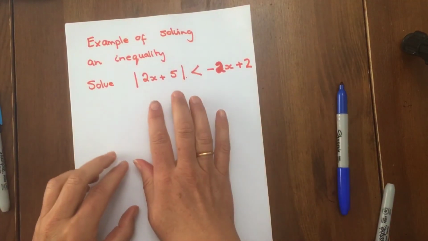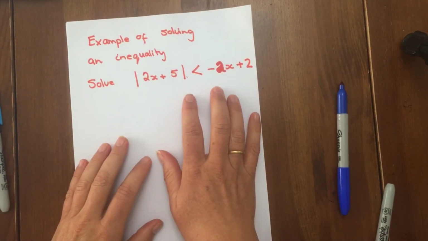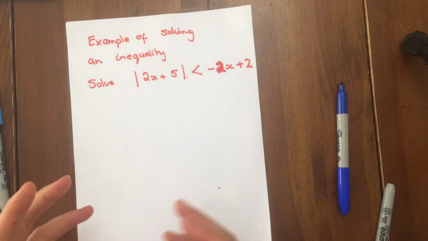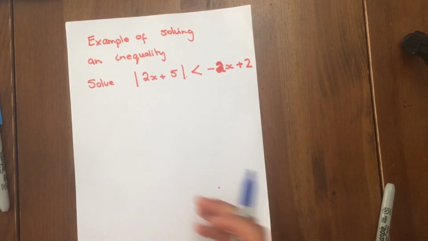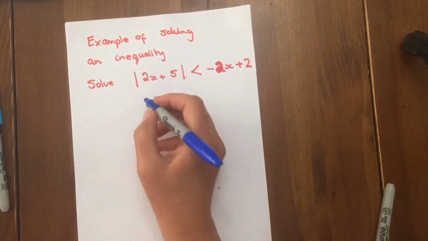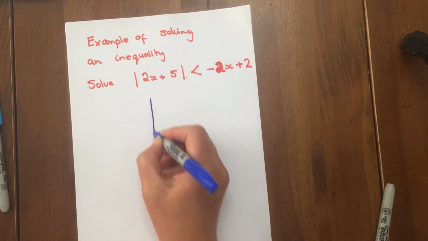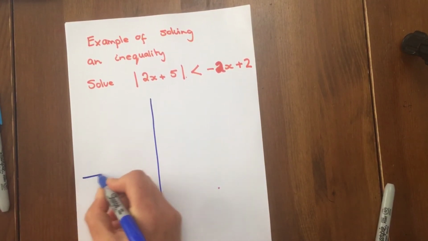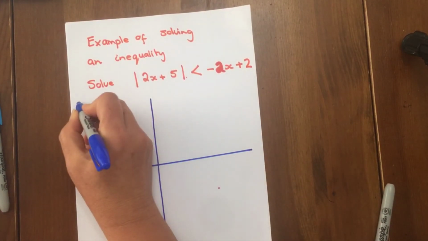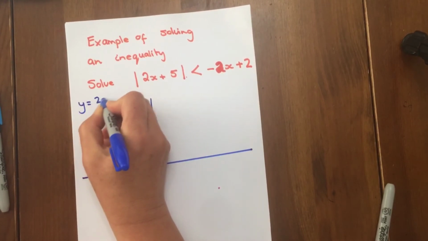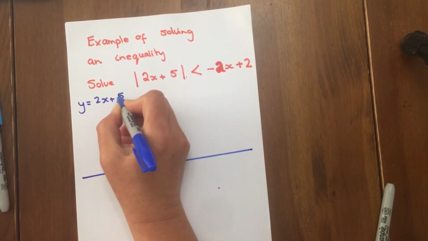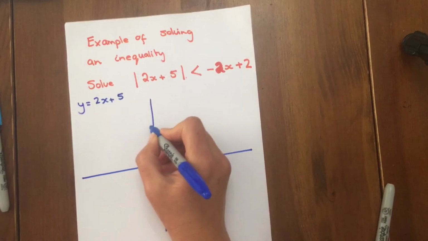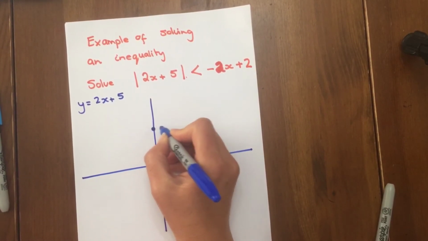Okay, now we're going to look at solving an inequality. So again, we're going to sketch it, and then we're going to look at the sketching. So let's just do a nice big graph. Obviously you have to sketch your graphs. So y equals 2x plus 5. So when x is 0, y is 5.